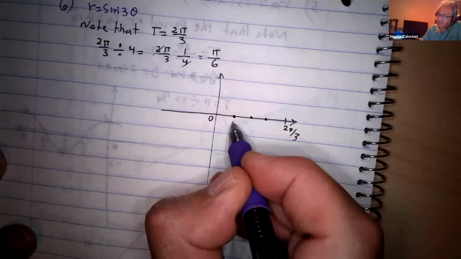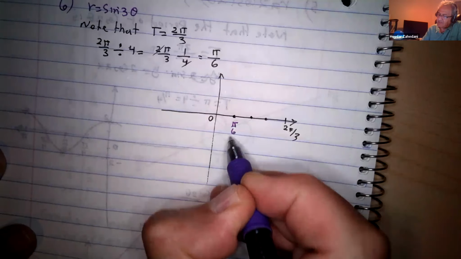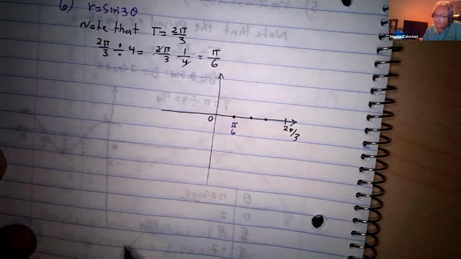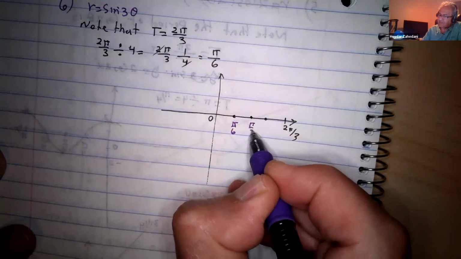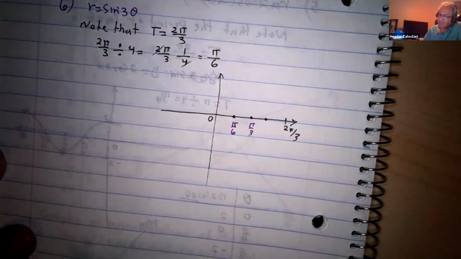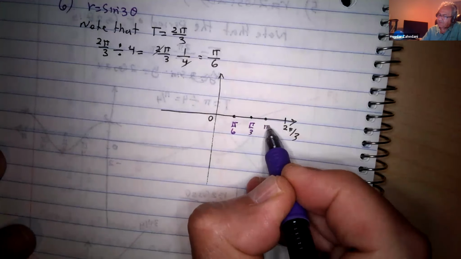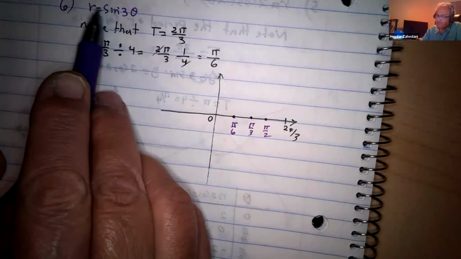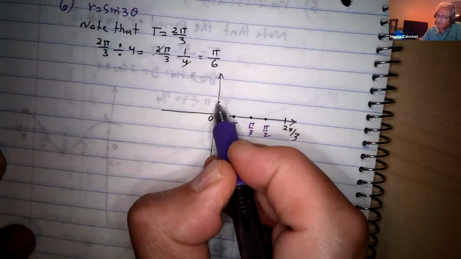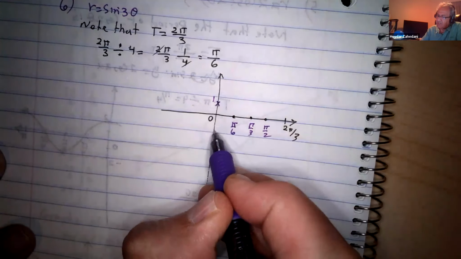Each portion is pi over 6, which is 30 degrees. Another 30 degrees gives pi over 3. Another one gives you pi over 2, and the last one gives you 2 pi over 3. The range of the function is 1 and -1. At most you go 1 and you go -1.